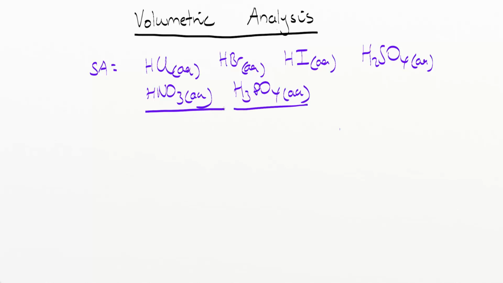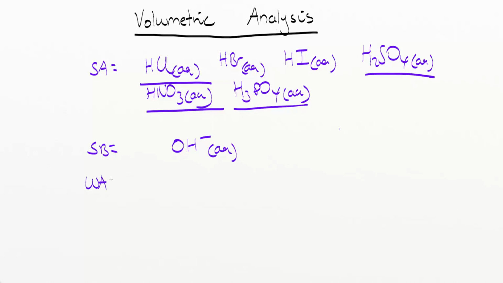These are the most common strong acids you'll see. Then the strong bases are anything that has hydroxide, OH minus, on it. Potassium hydroxide and sodium hydroxide are all strong bases.